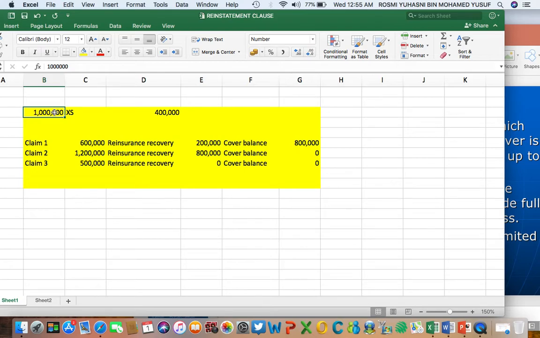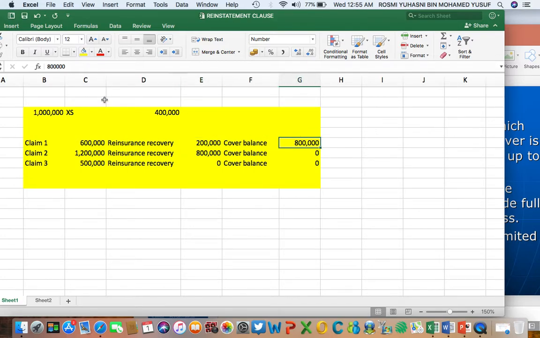Let's say this first claim is 600,000, meaning that recovery from the reinsurer will be 600,000 minus the deductible 200,000, so 400,000. Since the insurer has claimed 400,000 from the reinsurer, the cover is reduced down to 600,000, because 1 million minus 400,000 leaves a balance of 600,000.